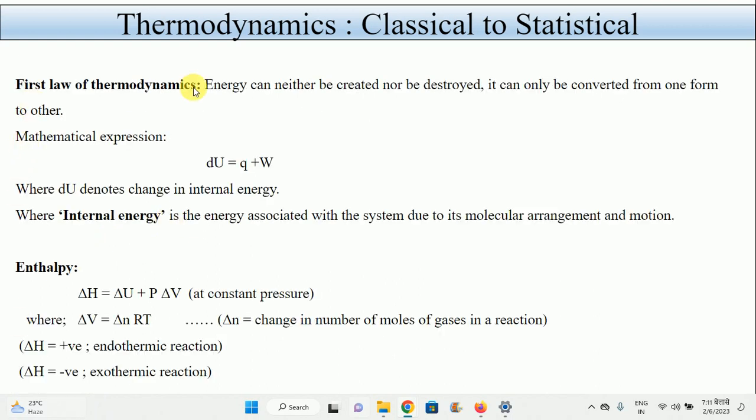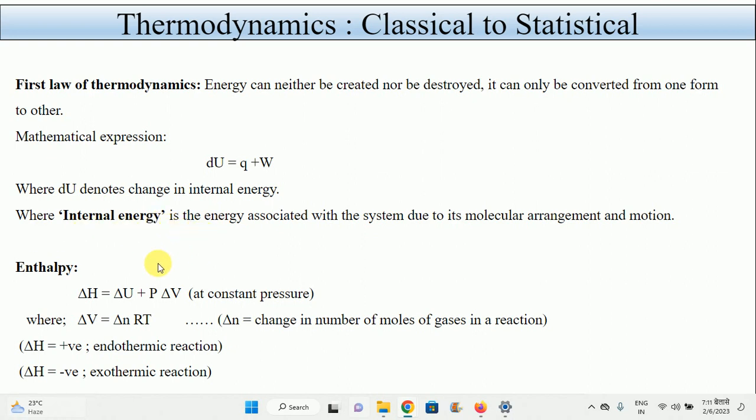First law of thermodynamics. The first law states that energy can neither be created nor destroyed. It can only be converted from one form to another. Its mathematical expression is that the change in internal energy is the sum of heat and work done. So what is internal energy?